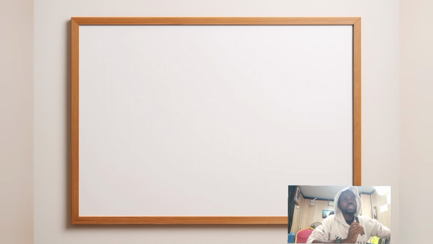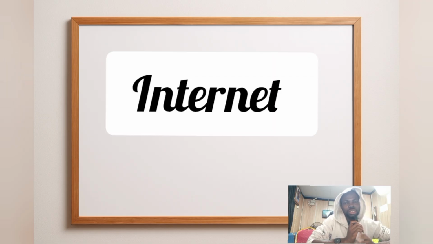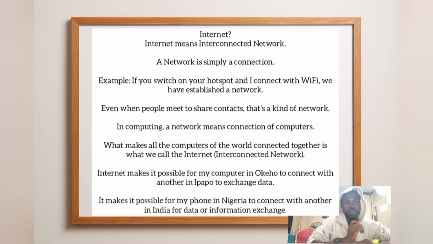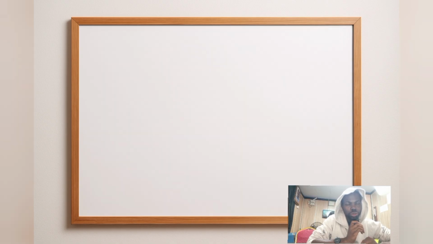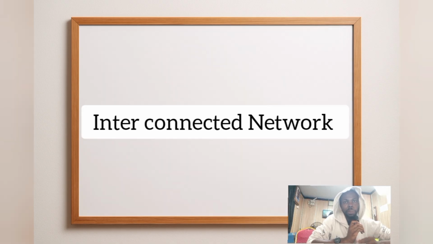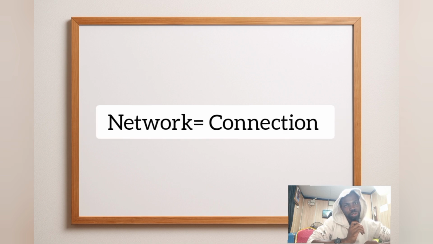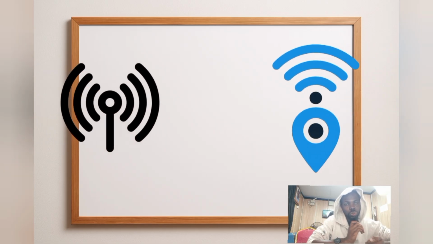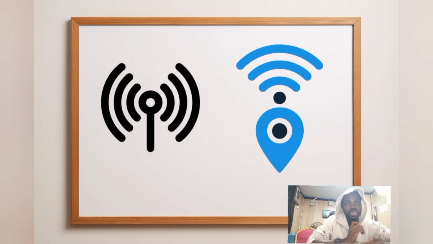So now there are some things that we need to really understand before we dive into tech skills. We need to understand what internet is. Internet, let's break it down. Internet is a combination of interconnected networks. We call internet interconnected network. Now let us further break it down. Network is a connection. Let's say for instance, if I turn on my hotspot and I tell you to turn on your Wi-Fi to connect to it, that means we have established a network.